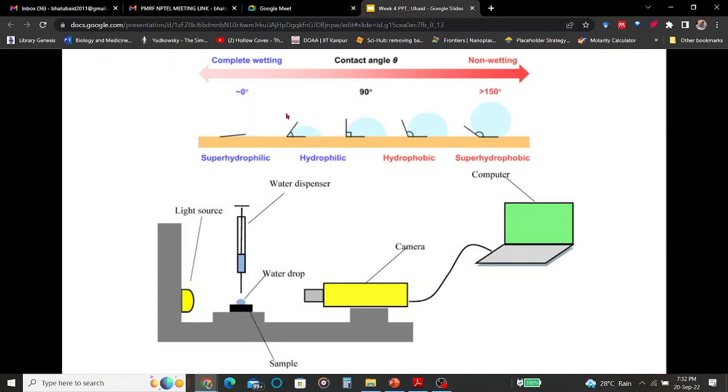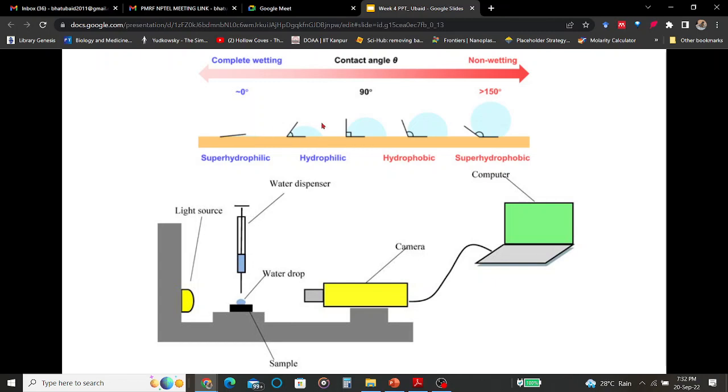So how is it measured when this droplet is placed? Like here I am showing the superhydrophilic case. The droplet completely disperses and forms a sheet-like structure, and the angle between the surface and this water droplet is very small. It may be equal to zero if it is wholly absorbed by this hydrophilic material.